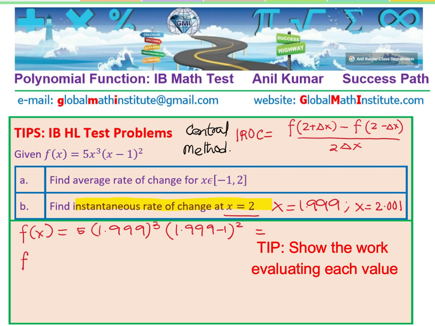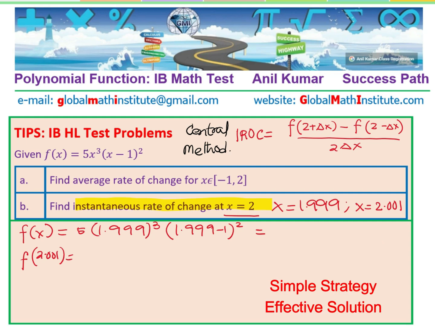Similarly, we can now write the value of f of x at 2.001, right? So 5 times 2.001 whole cube times 2.001 minus 1 whole square equals what? So use a calculator to find this. My calculations could be wrong, so don't trust them so much. Do your own calculations, find your own answer, right?